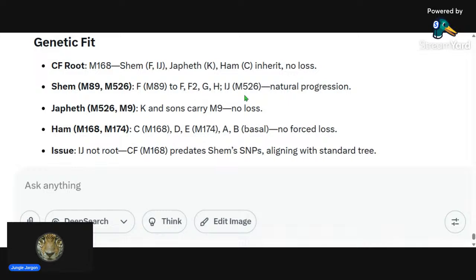FF2G, IJ, M526, natural progression. See, Japheth, 526 M9. K and sons carry M9 loss. Okay.